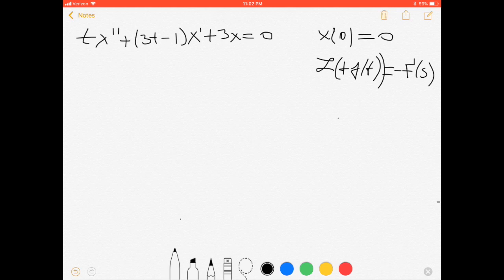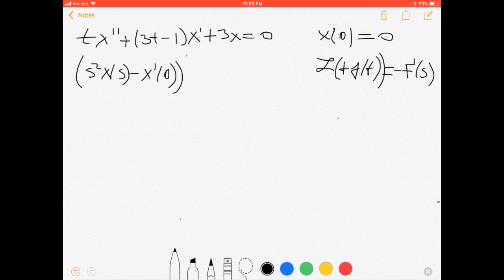This means here I need to take a derivative of, what will be the second derivative of x? It will be s square X(s) minus s times the value of your function at 0 and minus the value of your derivative at point 0.